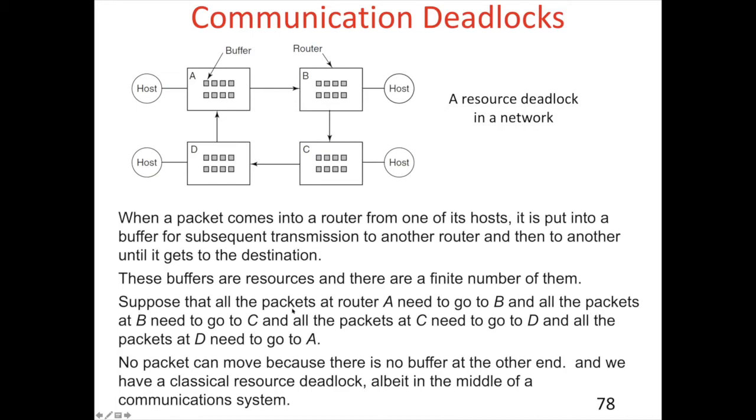Suppose that all the packets at router A need to go to B, all the packets at B need to go to C, all the packets at C need to go to D, and all the packets at D need to go to A. No packet can move because there is no buffer at the other end. And we have a classical resource deadlock, albeit in the middle of a communication system.